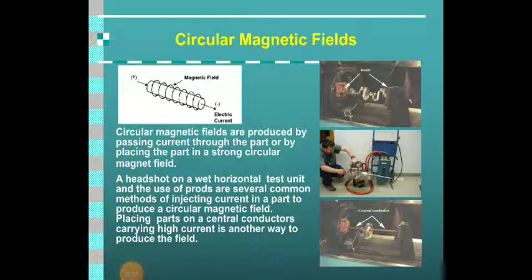Placing parts on a central conductor carrying high current is another way to produce the field. As you can see in these figures, these show the various techniques for the circular magnetic field.